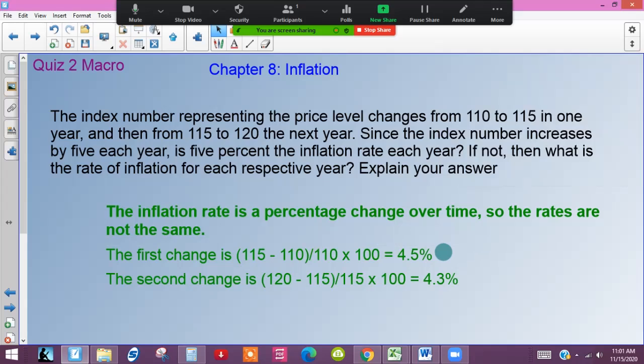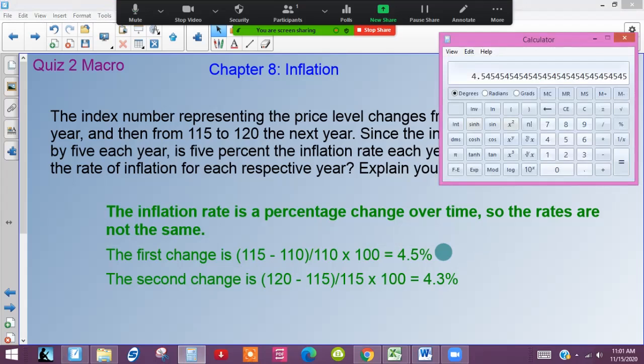Now, just to prove that it's different, let's do the second one. So when we do the second one, we're actually dividing 5 here by 115, right? Not 110. So of course we're going to get a slightly smaller rate of inflation.